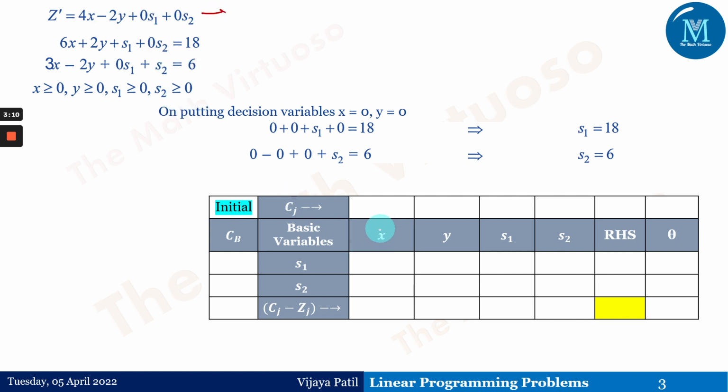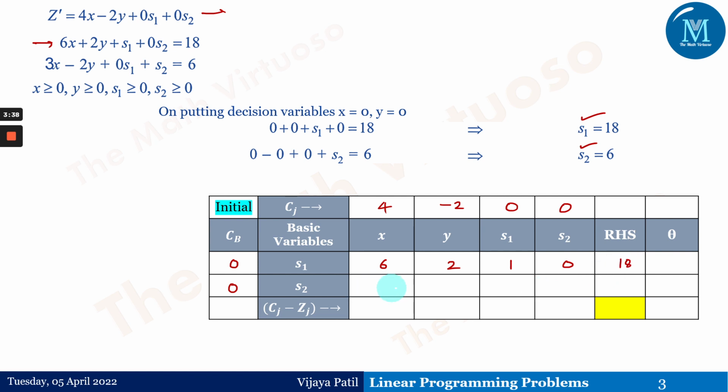Here the coefficient of x is 4, coefficient of y is minus 2, this is 0, this is 0. Now, s1 and s2 will be part of the basis, so we get s1 with coefficient 0, and 0 here. For the first constraint, we write the coefficients: 6, 2, 1, 0, and 18 as the RHS.